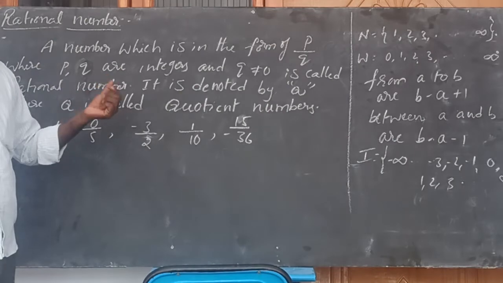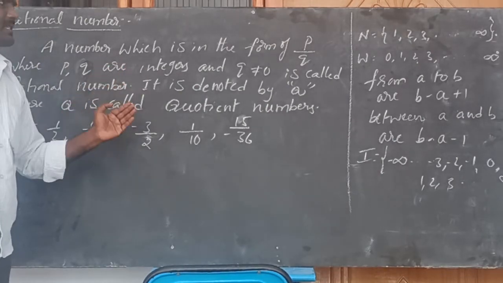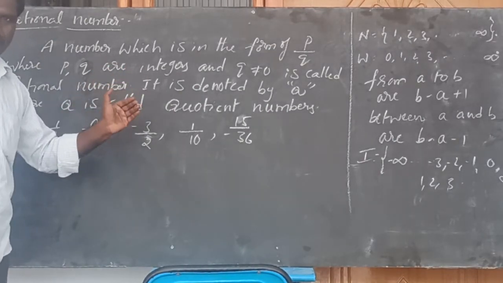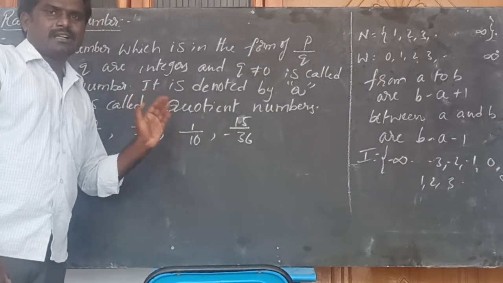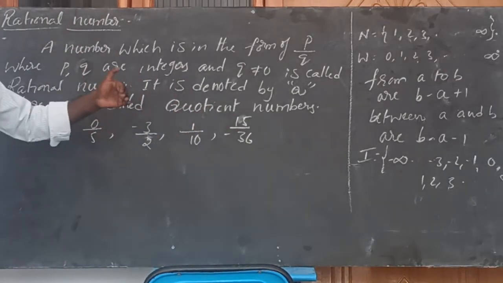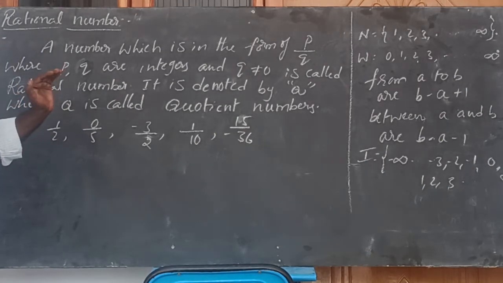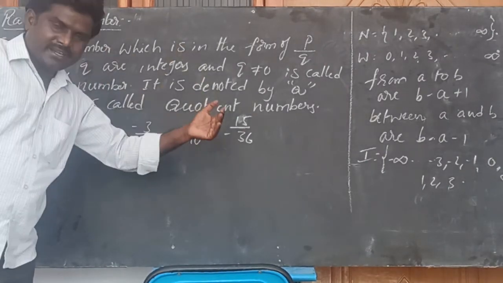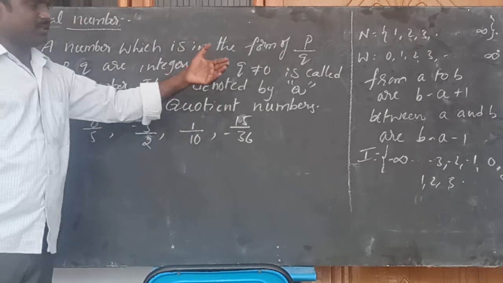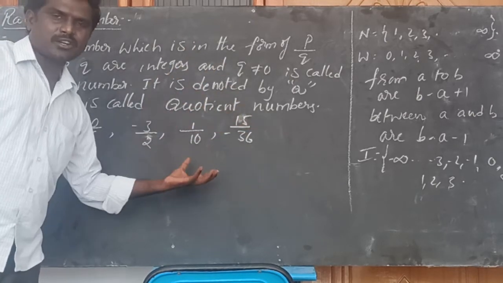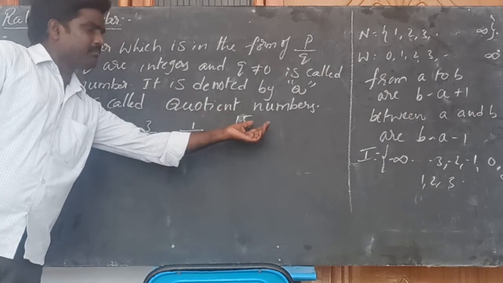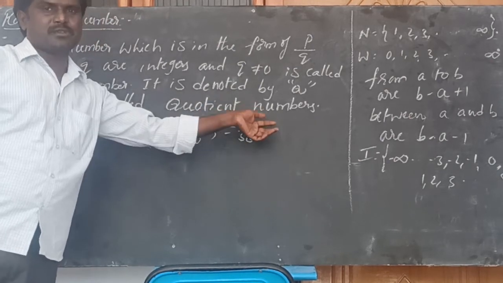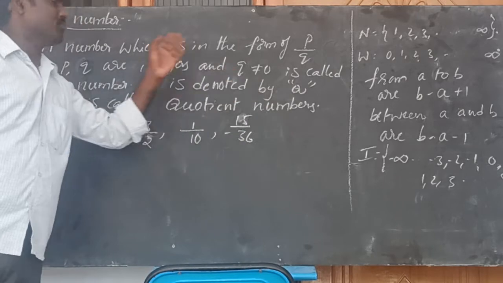If you take any number and divide it by another number, the remainder is 0 and you get a quotient, the numbers are called quotient numbers. If we cannot get a remainder and a quotient, the numbers are called quotientless numbers.